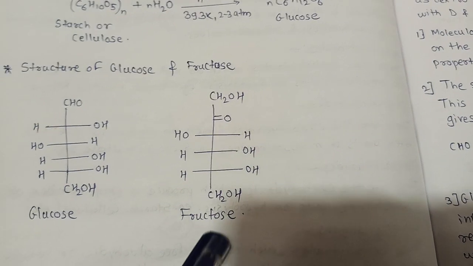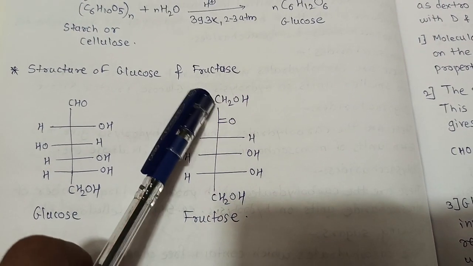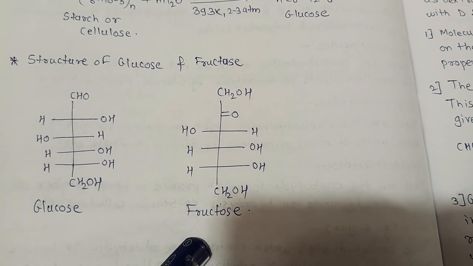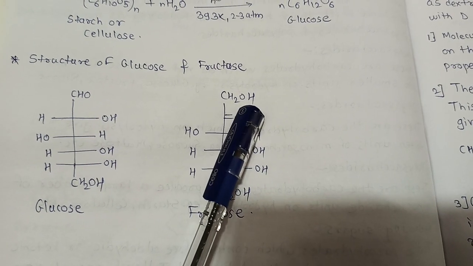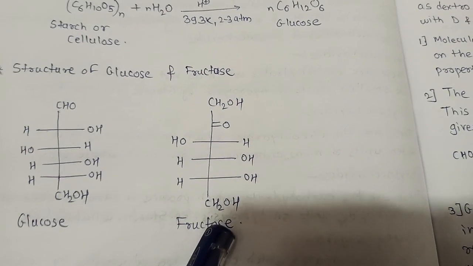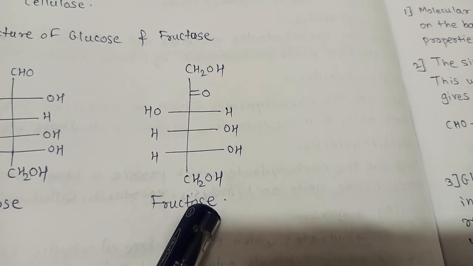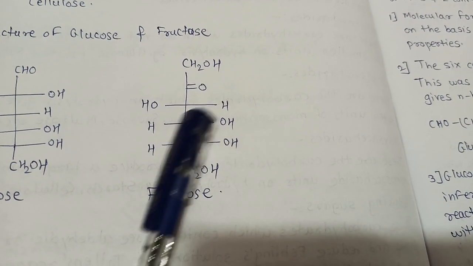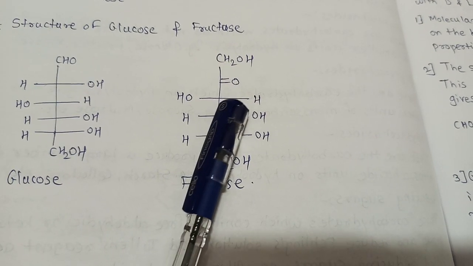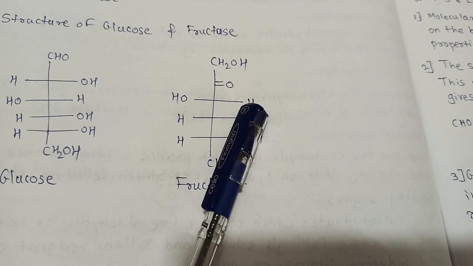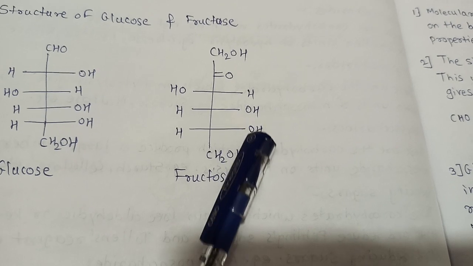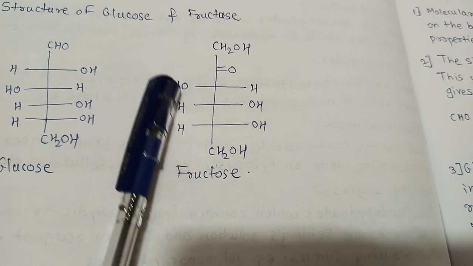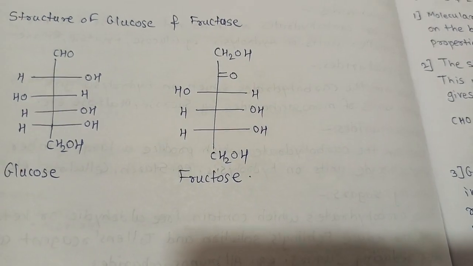And in the case of fructose, we can write like this. Draw 6 carbons. The first carbon is a primary alcohol, CH2OH. The last is also the same, CH2OH. The second carbon is the ketonic carbon, C double bond O. The third carbon is similar to glucose: hydrogen is on the right side and the remaining have OH on the right side, and then we write the complementary on the left side.